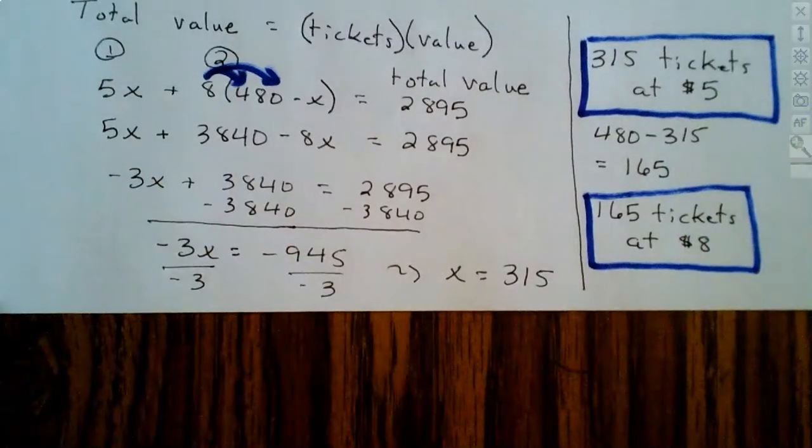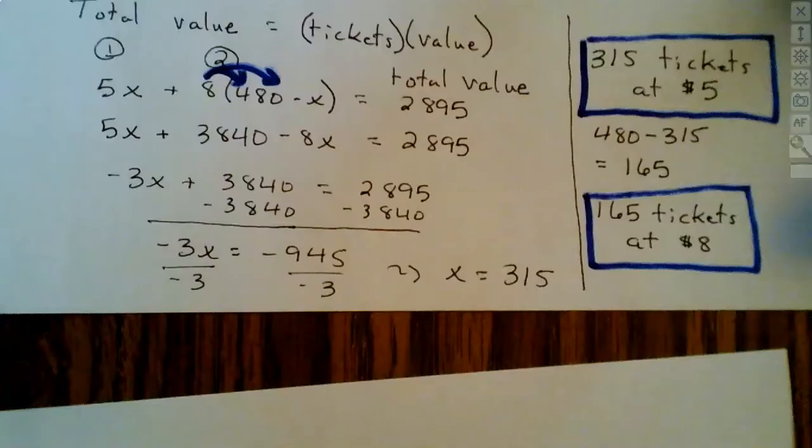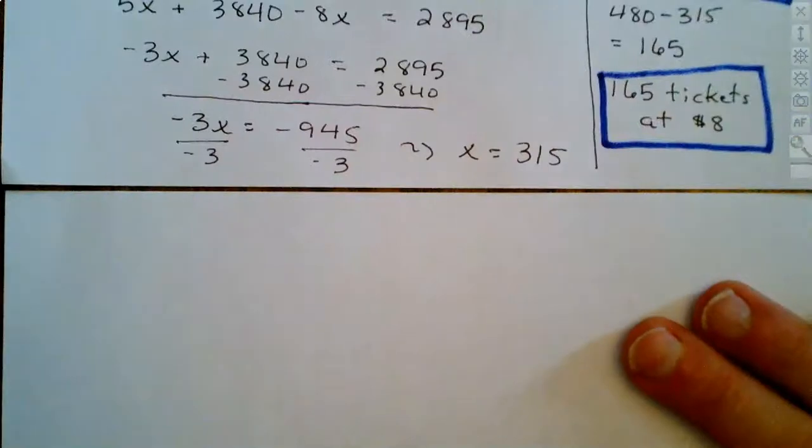Moving on, we're going to talk about distance and how these distance problems work. For the distance problems, they can either add, subtract, or equal. So we have to watch the direction of these distances.